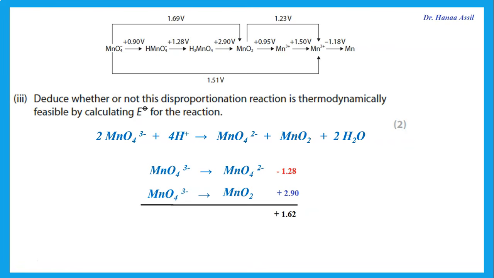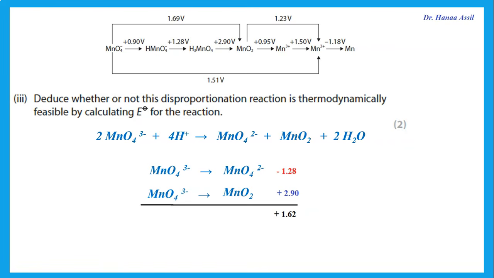This is because we're going to flip the sign from the information given on top. So on the top it's given plus 1.28, but that's if I'm going the other way from MnO4 2 minus to MnO4 3 minus. I want it flipped, so I flip the sign, so that is minus 1.28.